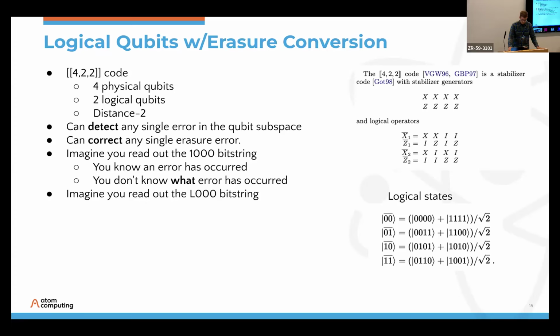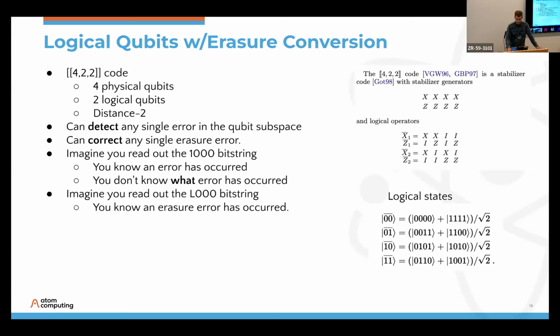Imagine if you had an L for loss, where one of those qubits just physically disappeared. There's only a single state up here that is consistent with that, if you assume only one error has occurred, and it's this one here. So that's what I mean by a Pauli error in the qubit subspace: detect, correct.